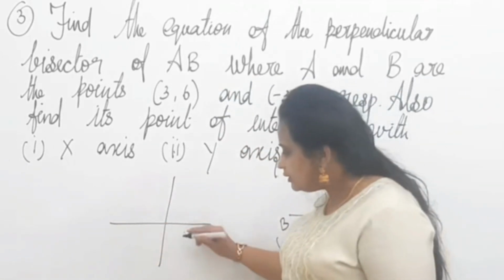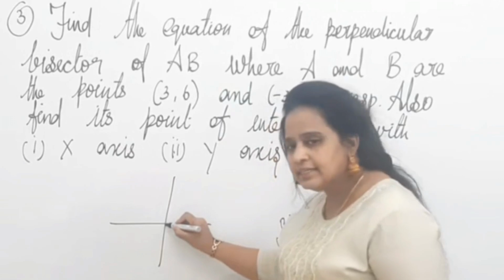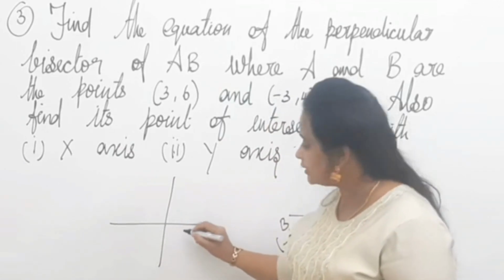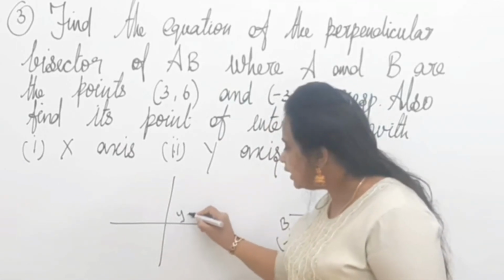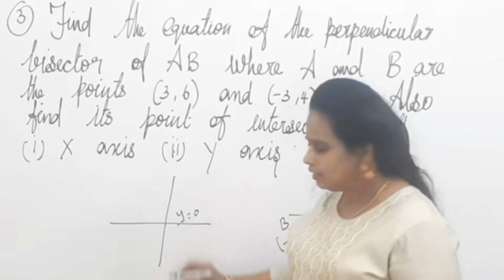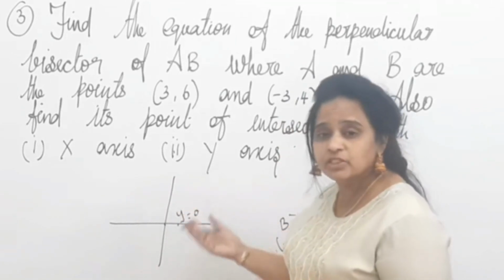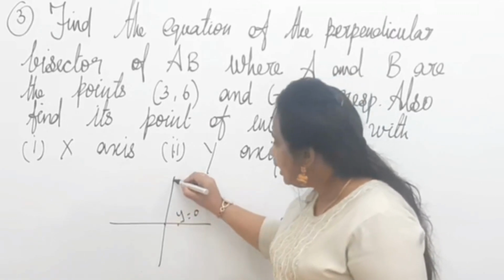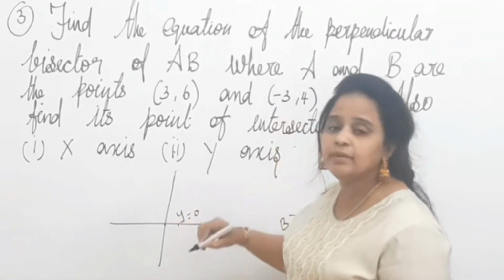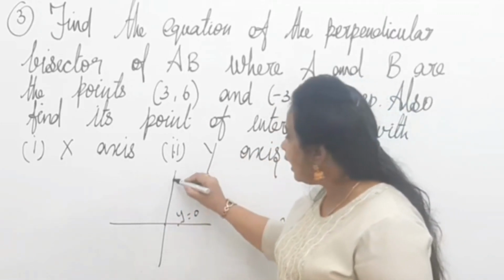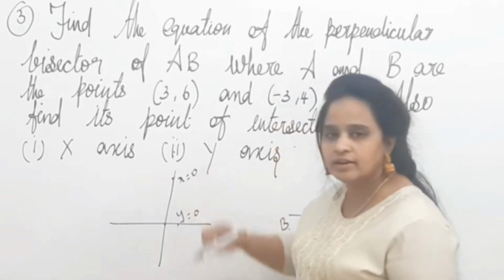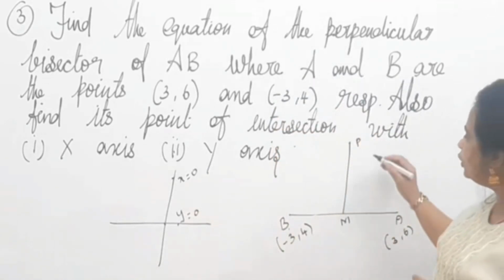When the line intersects on the x-axis, that means y is equal to 0 here, wherever it intersects, y becomes 0. And when it intersects the y-axis, x becomes 0 here. So that's the concept I am going to use.